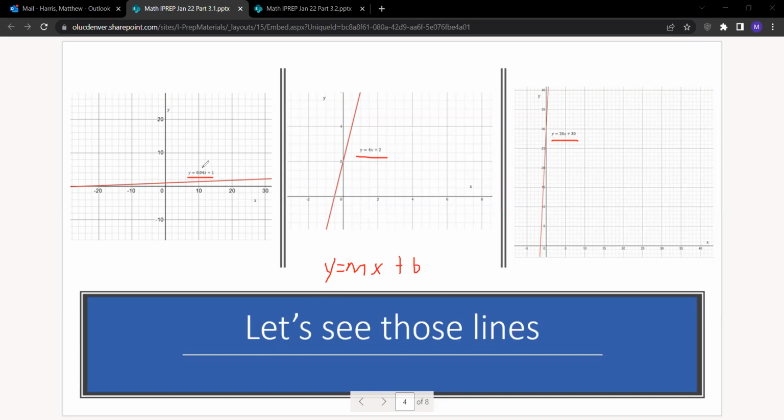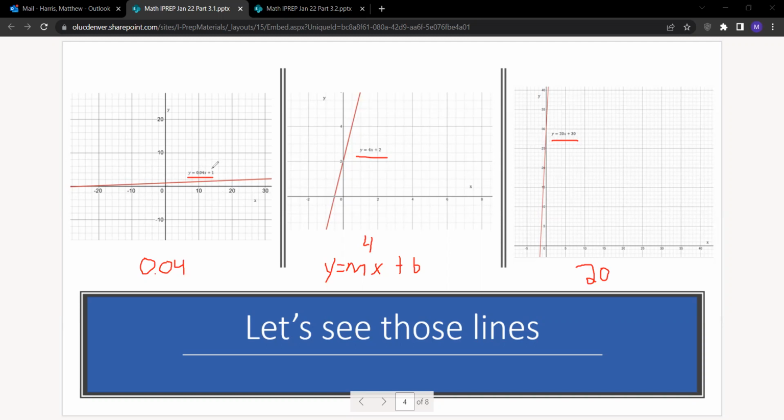So we see this first one has a slope of 0.04. We see that it's not a very steep line at all. If we compare it especially to these other two, this one has a slope of 4, and we see it's a little bit more steep. And this one has a slope of 20, and we see that it's very steep.